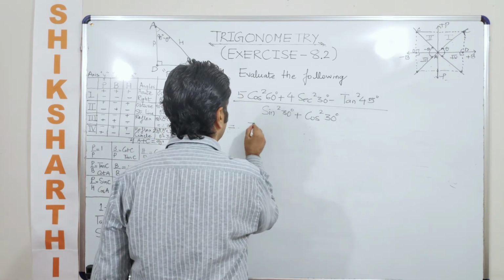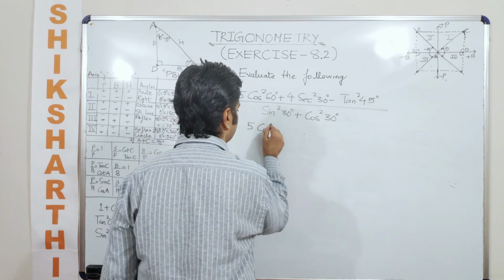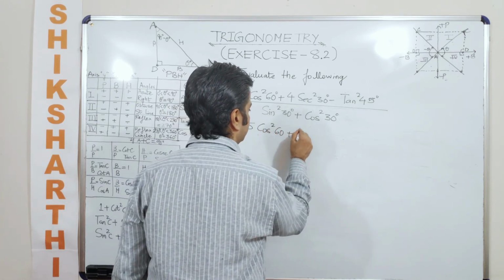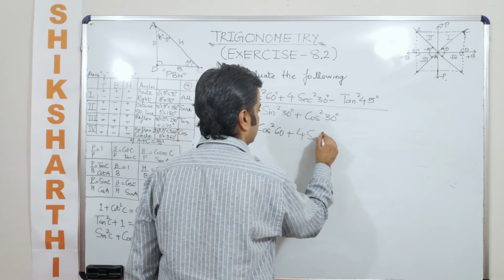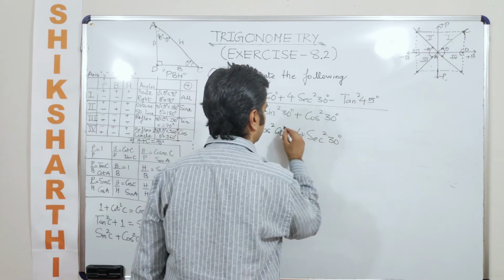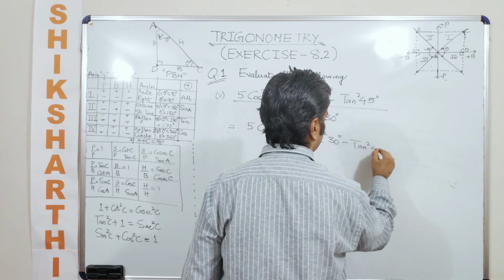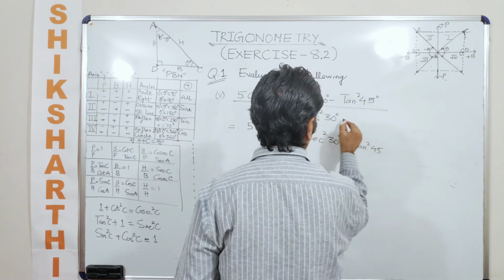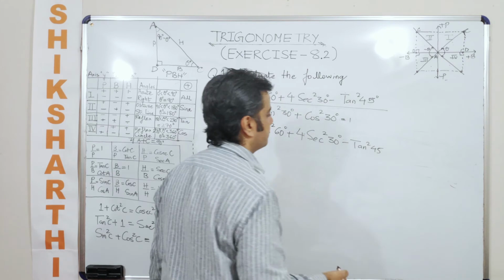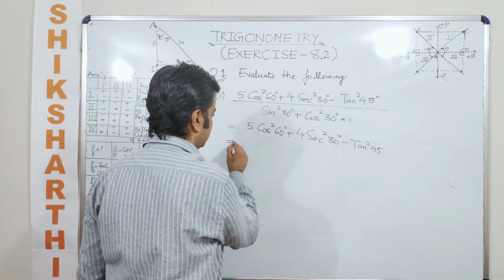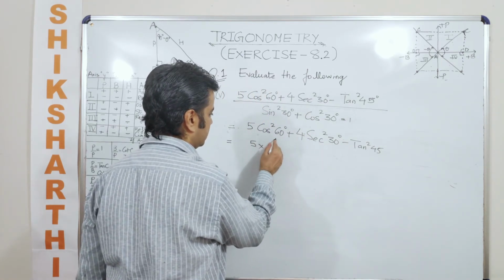So I can directly write this as 5 cos square 60 plus 4 sec square 30 degrees minus tan square 45 degrees. Why? Because the denominator value is equal to 1. Now once you have written this, you can just substitute the values. So how much is cos 60?